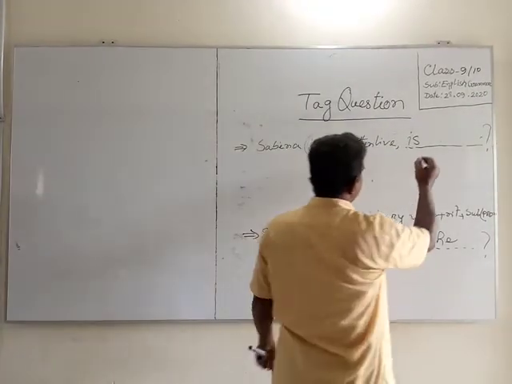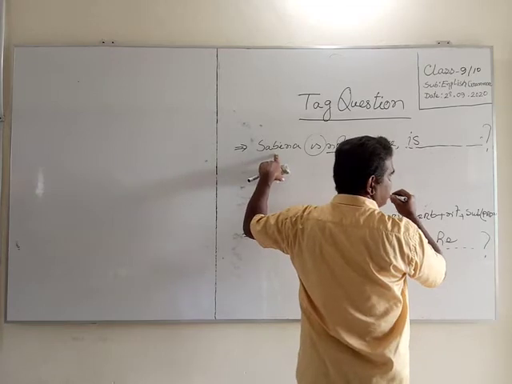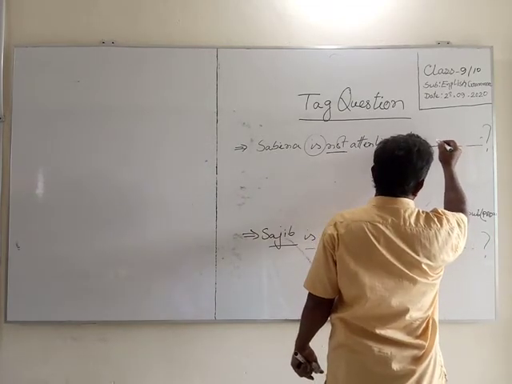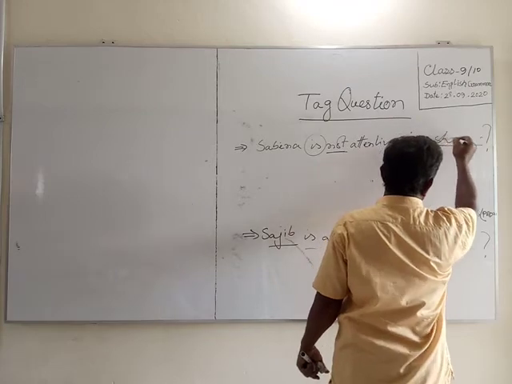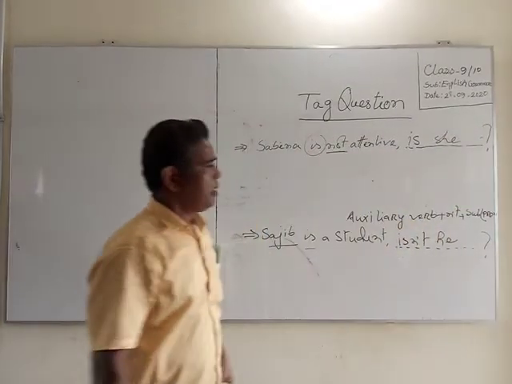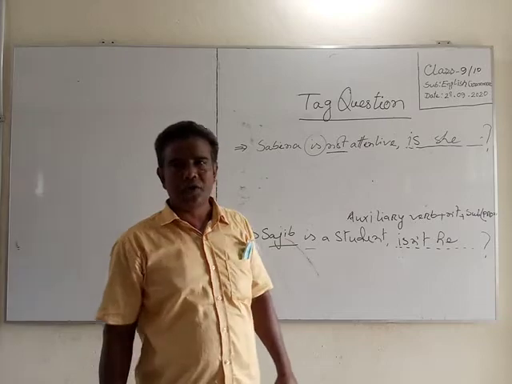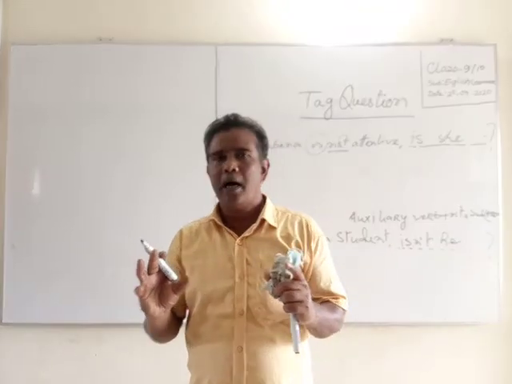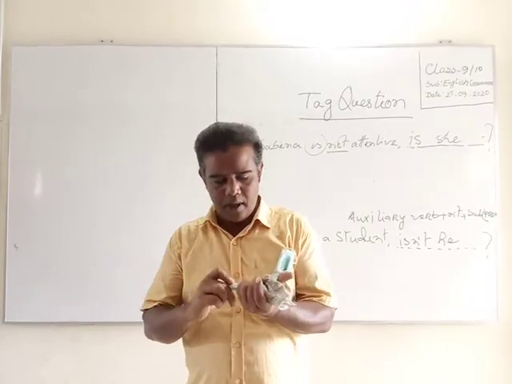So only the subject will be the pronoun. Sabina is a female person, so the singular pronoun is she. I think you have understood these two themes and two structures.